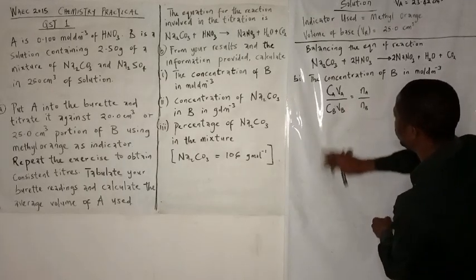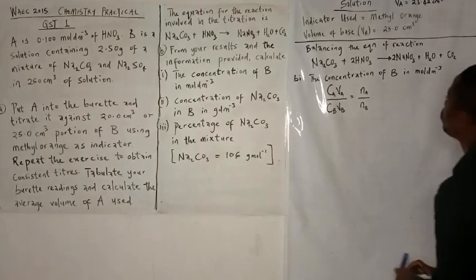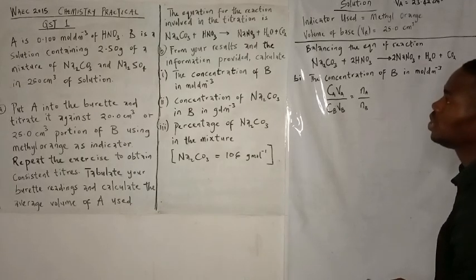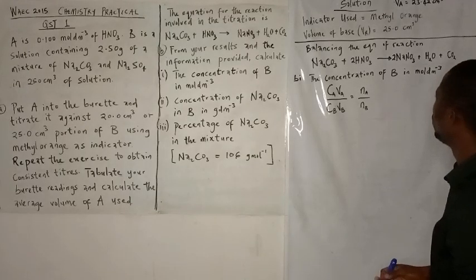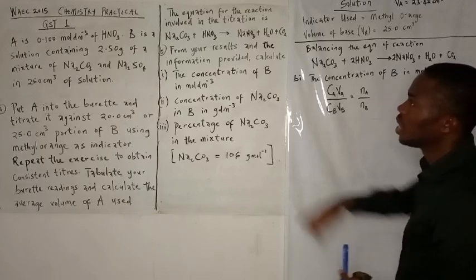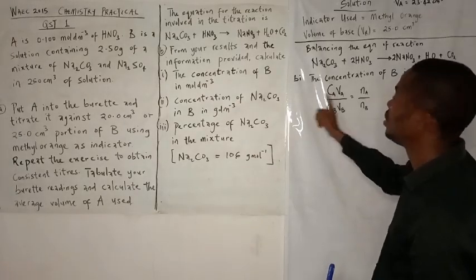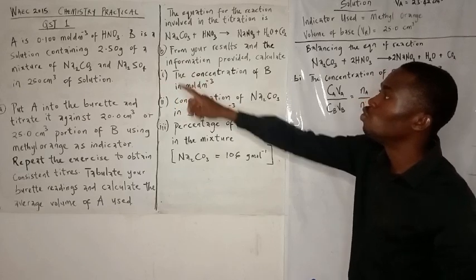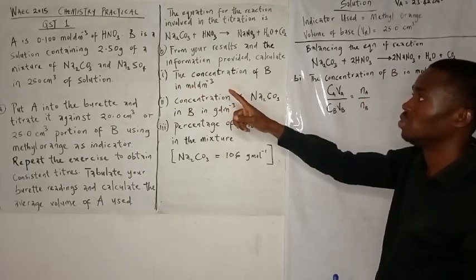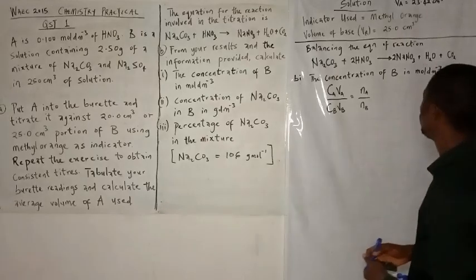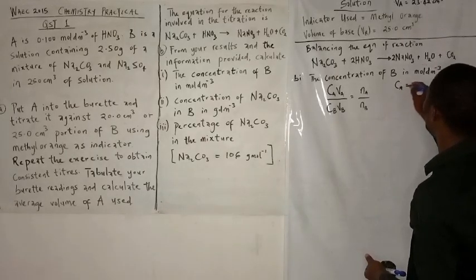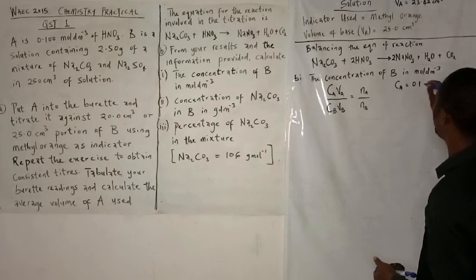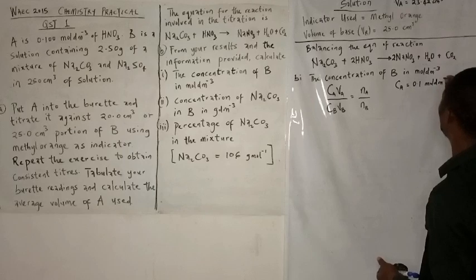So from what we are given, we know that our Ca, the concentration of our acid, is given already. The question says A is 0.1 mole per dm cube. So we know the molar concentration of A. So we have that our Ca is equal to 0.1 mole per dm cube.